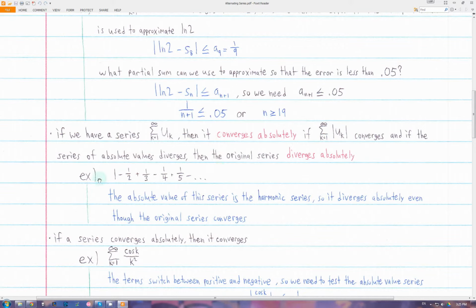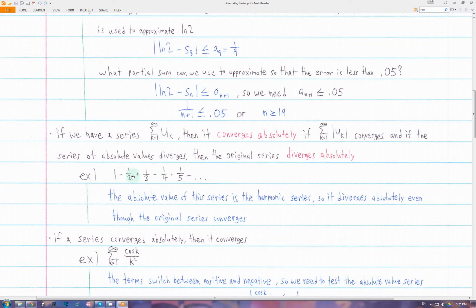So here again we have the alternating harmonic series. If we take the absolute value of this, then it'll just be the regular harmonic series, which we know diverges. So this alternating series diverges absolutely.